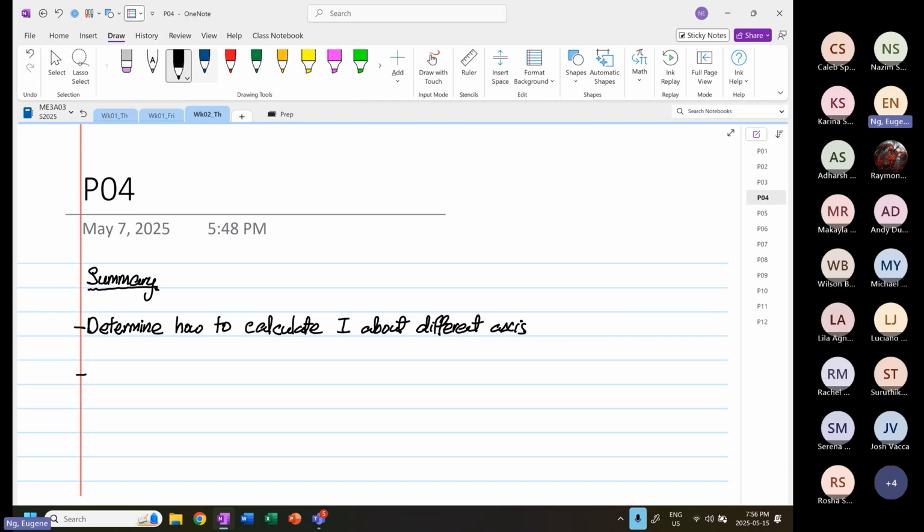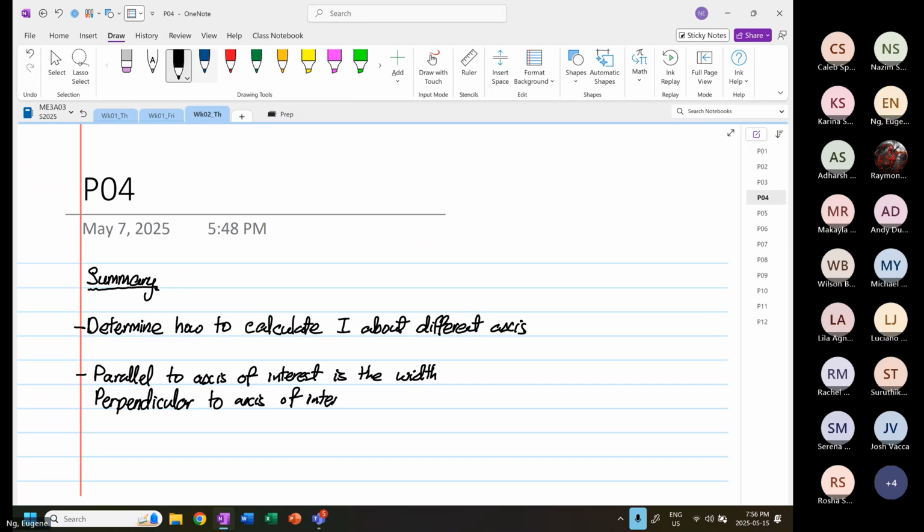And the general rule: parallel to the axis of interest is the width, and perpendicular to the axis of interest is the depth.